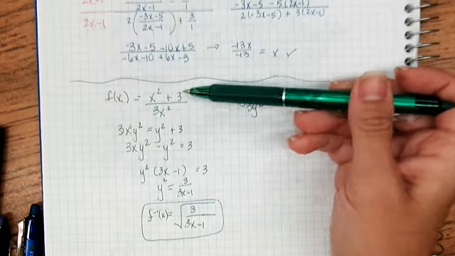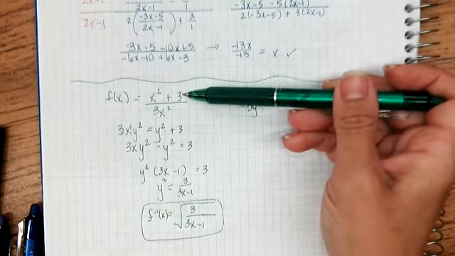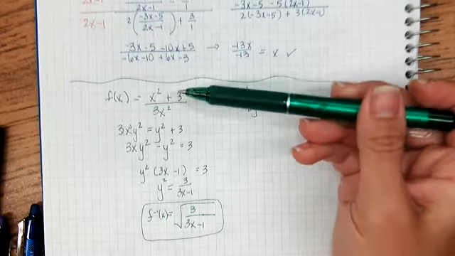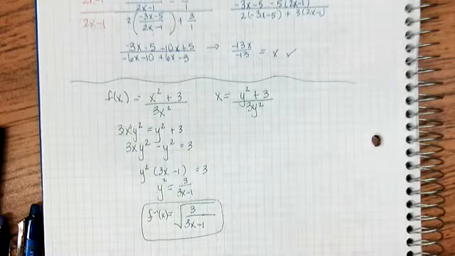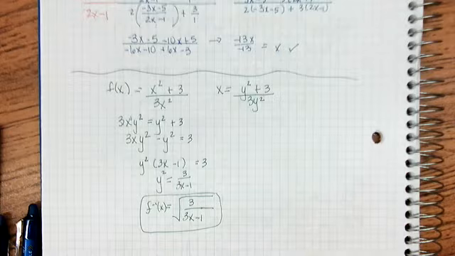The function passes the vertical line test, which means the inverse passes the horizontal line test. But this function right here will fail the vertical line test. We'll plug it into our calculator and see what we get. That might be easier to see. Let's do a quick check.